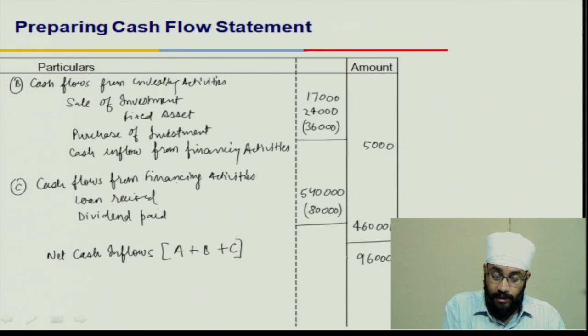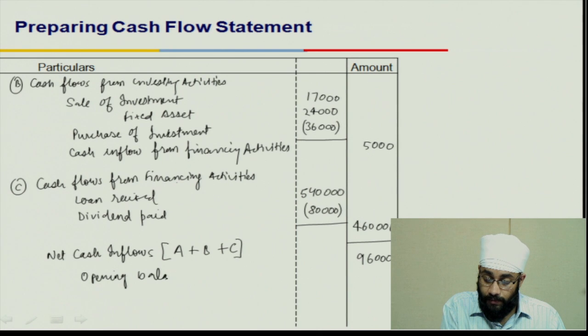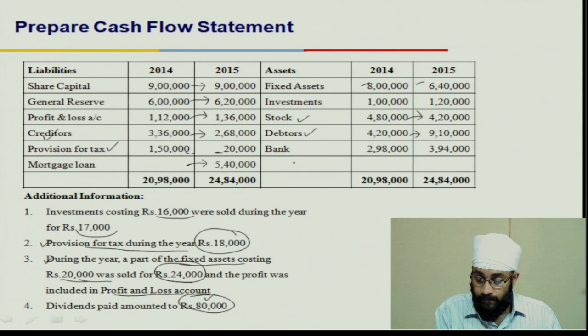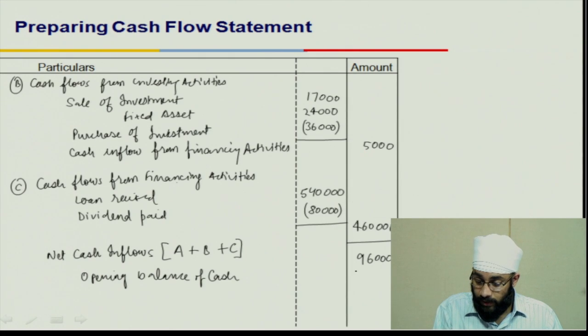Now we need to see whether the opening balance and closing balance of cash reconcile to this. So opening balance of cash or cash equivalents. In the balance sheet, you have 298,000 of cash in the beginning. So you had this much cash in the beginning, and during the year you earned 96,000 cash more.